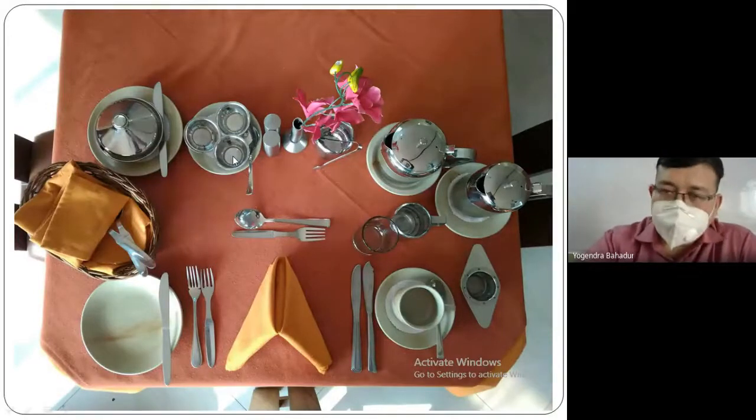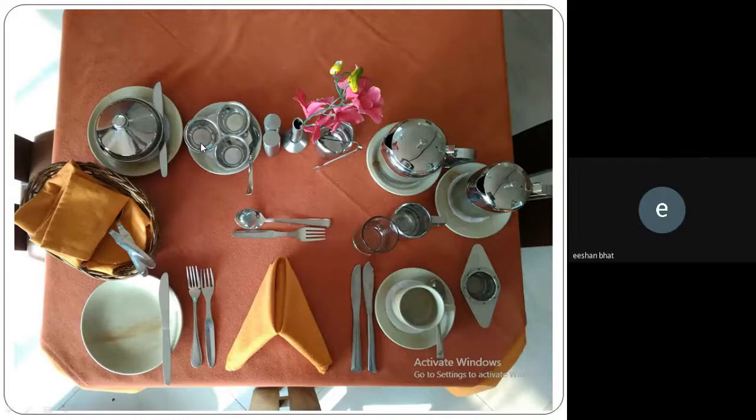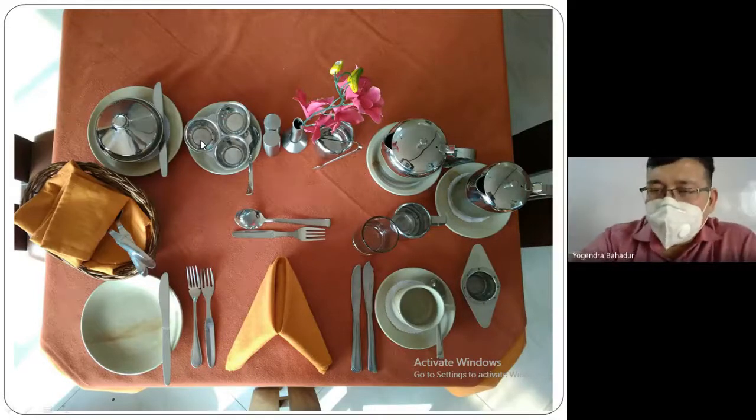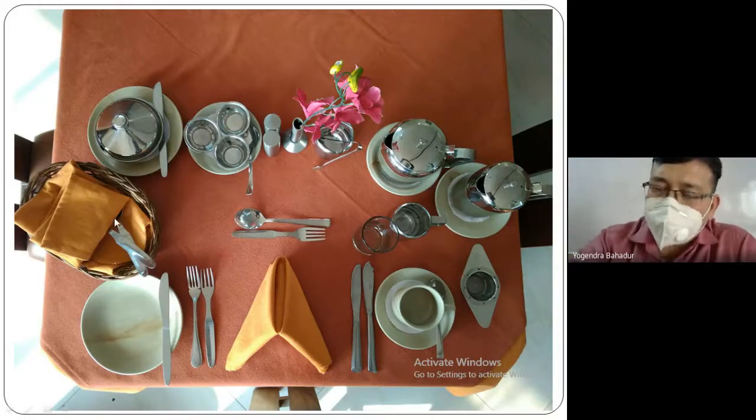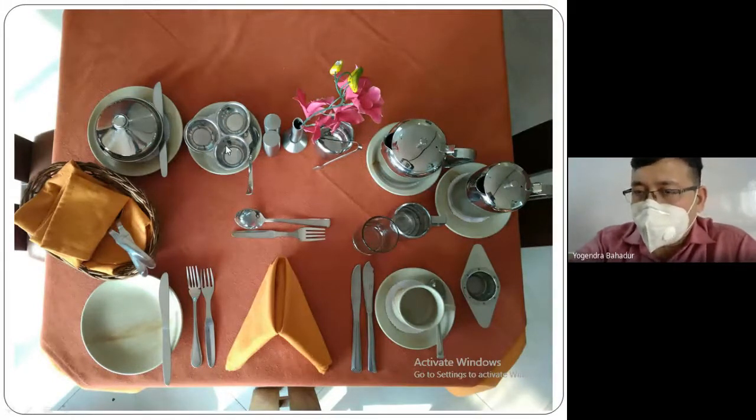Three different types of preserves: we give jam, marmalade, and honey. So along with the breakfast rolls, we have butter, and we also have jam, marmalade, and honey. So this is all from the right hand side through the center to the left hand side.